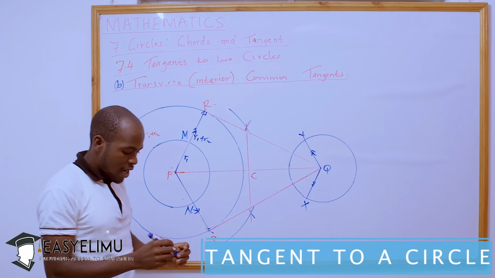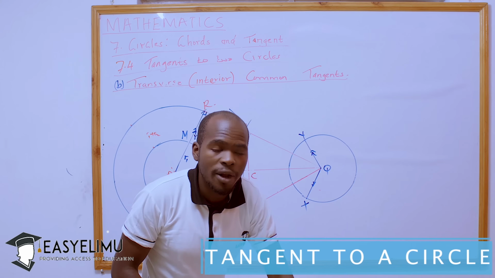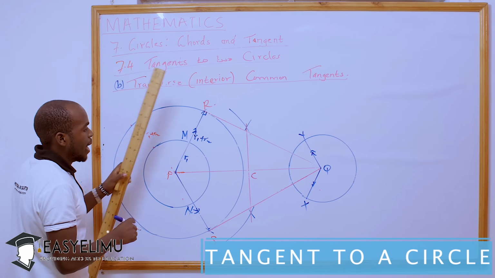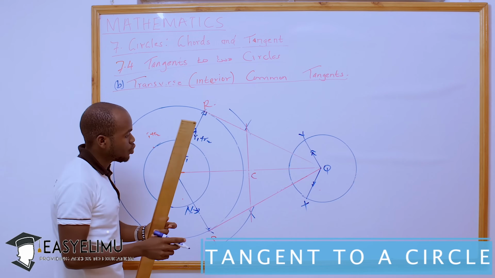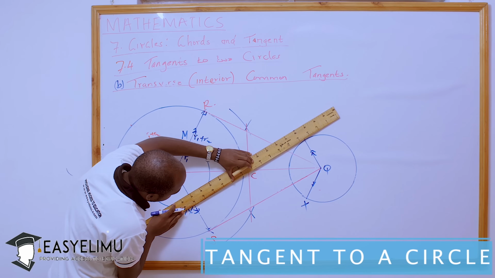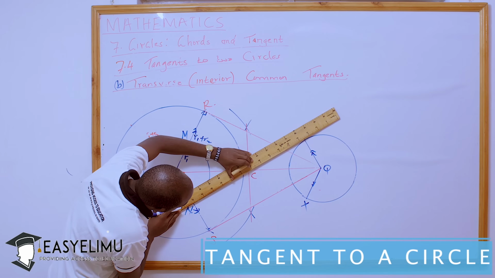Now after constructing that way, we only remain with one procedure, whereby we need to join Y to N. Joining Y to N, we shall join them this way. You join Y to M using a ruler and a pencil or a pen.